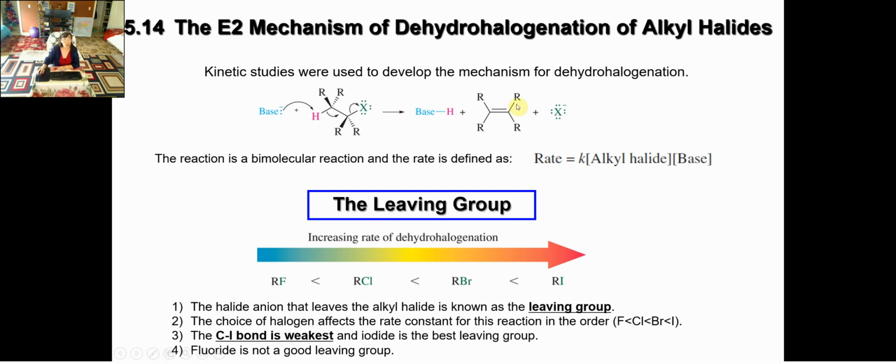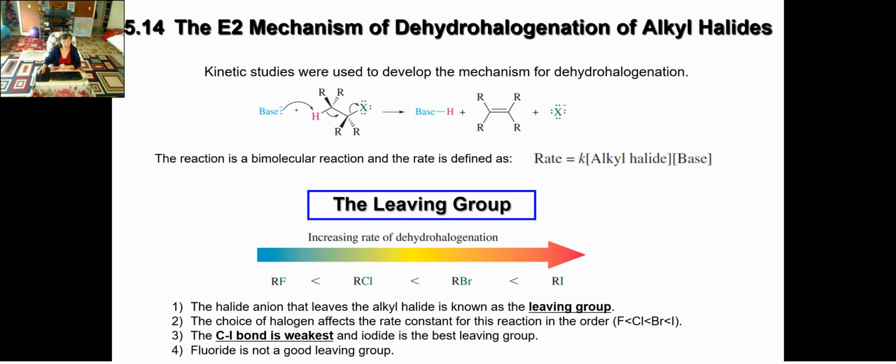Which one do you think is the better leaving group? You are going to think about electronegativity. Fluorine has the largest electronegativity, meaning it is bonded with carbon more solidly. Therefore, fluorine is the worst leaving group.